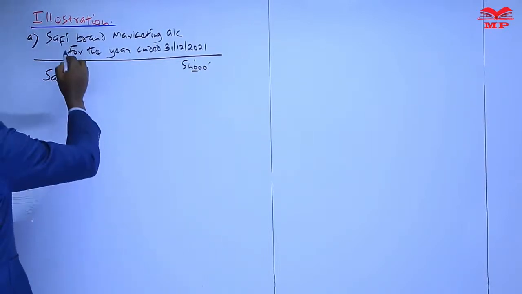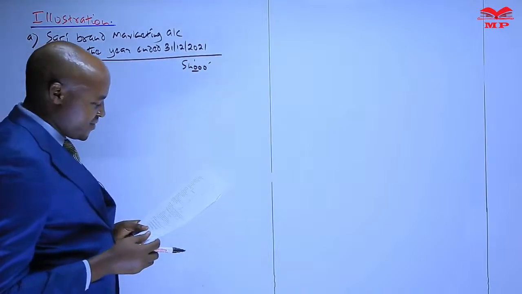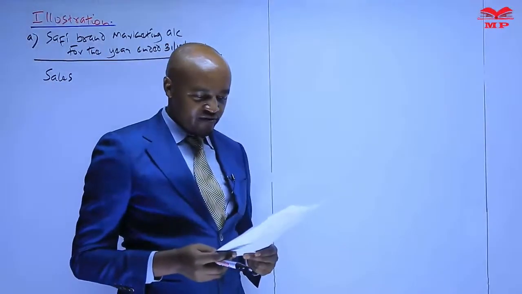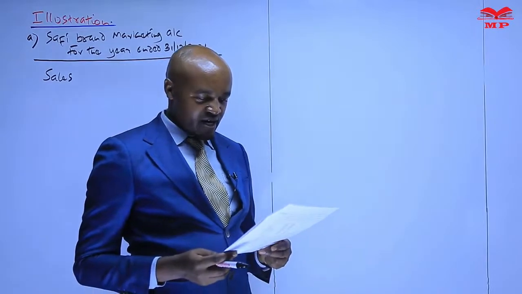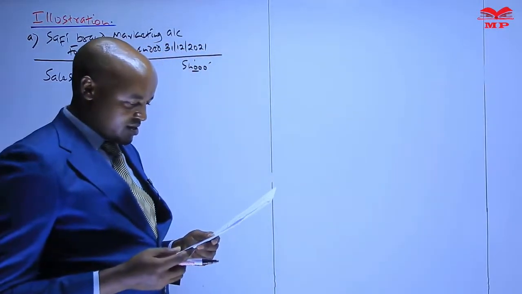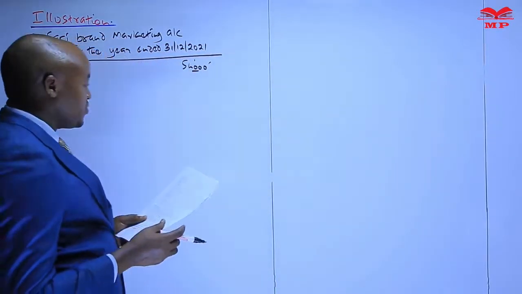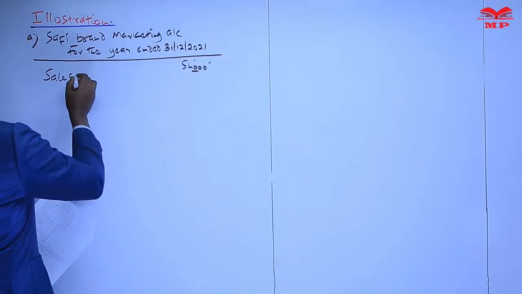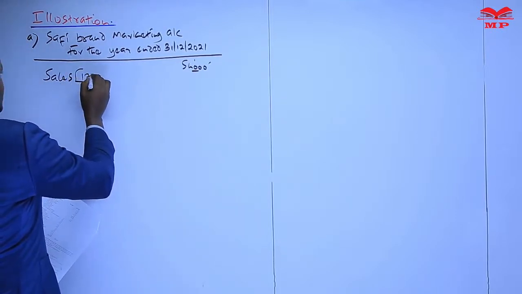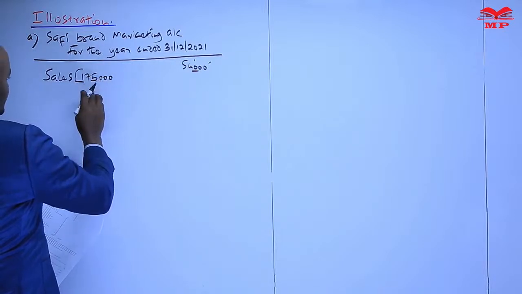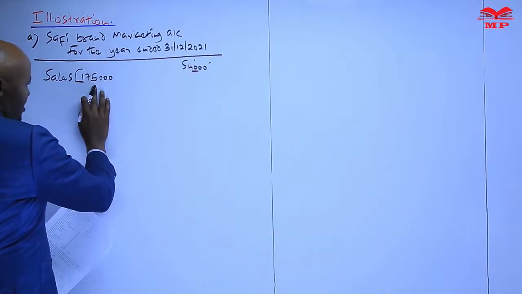The sales from this coffee brand, and we are given that information in additional information number 1. We are told the sales from this coffee brand, that is Safi, were 175,000 US dollars, because these sales are in US dollars.